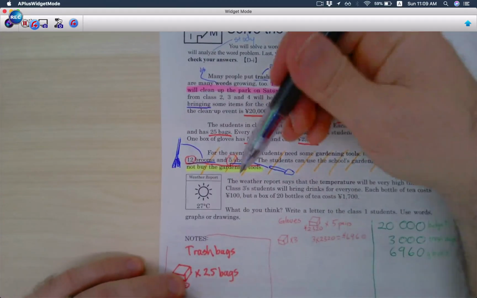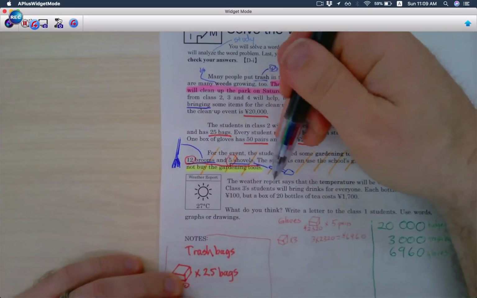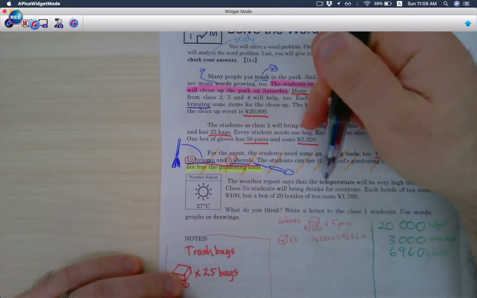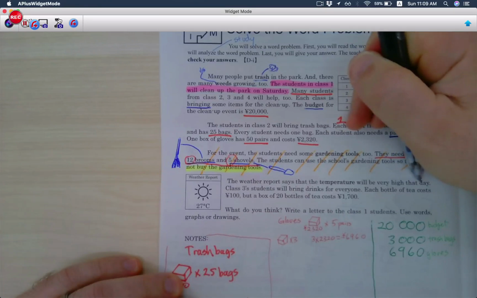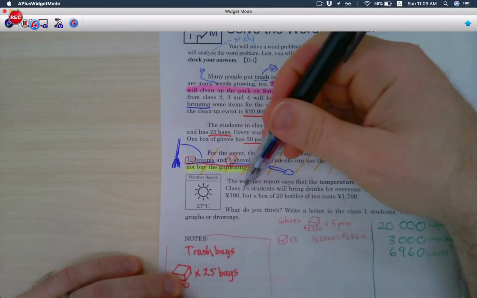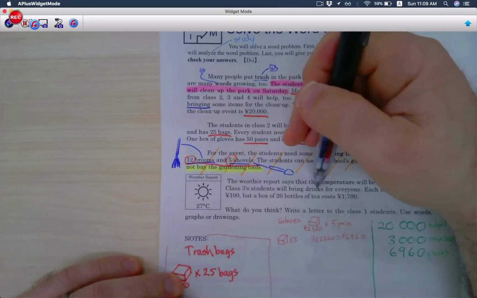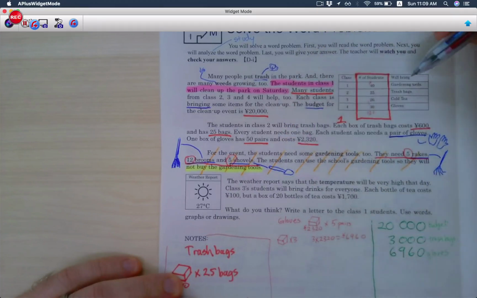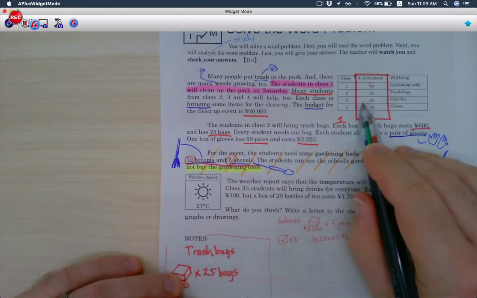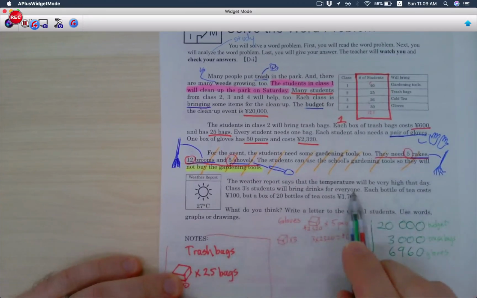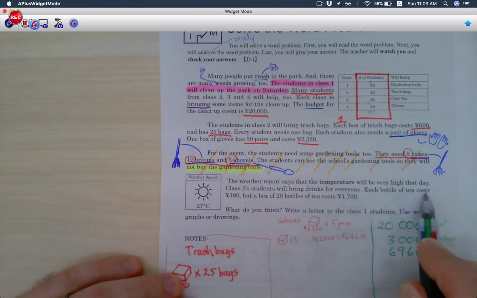Keep reading. The weather report says that the temperature will be very high that day. Class 3's students will bring drinks for everyone. Each bottle of tea costs 100 yen.